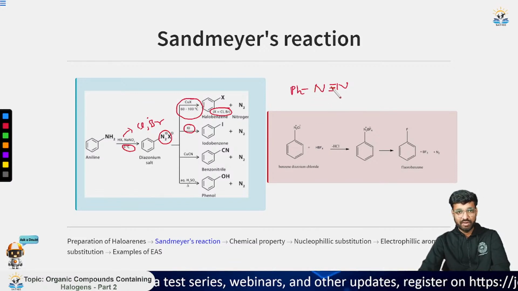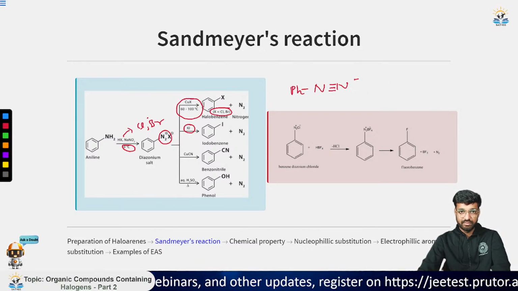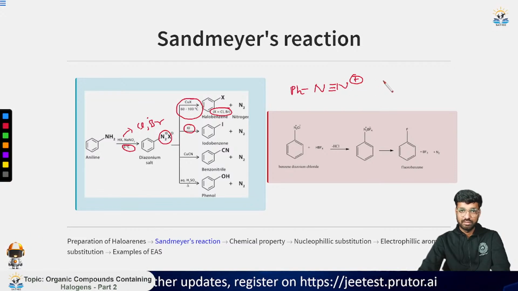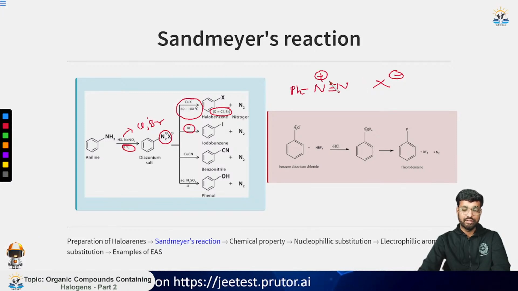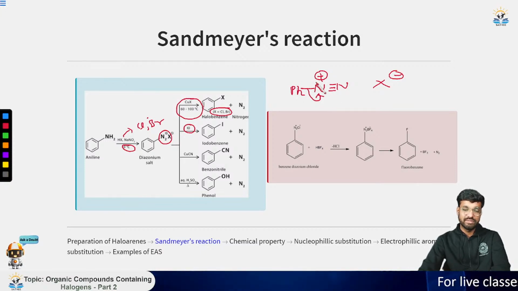There is a positive charge on this nitrogen, and there is an X minus, because the nitrogen is forming four bonds, one bond extra. Now this bond goes onto the nitrogen, so the positive charge is neutralized, and a phenyl type of cation is formed.